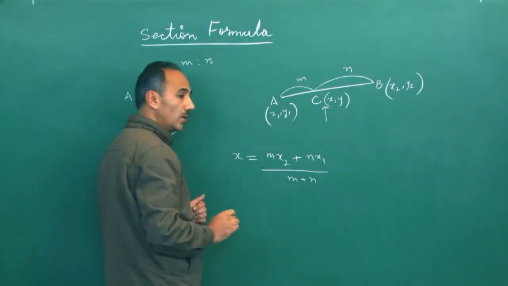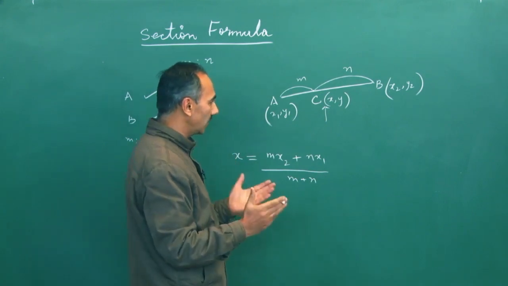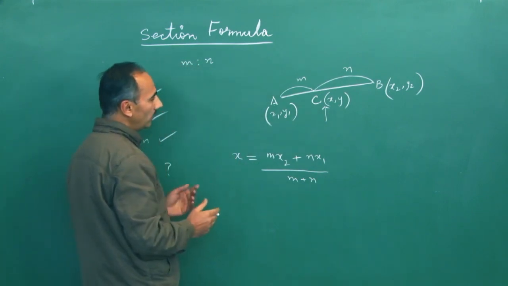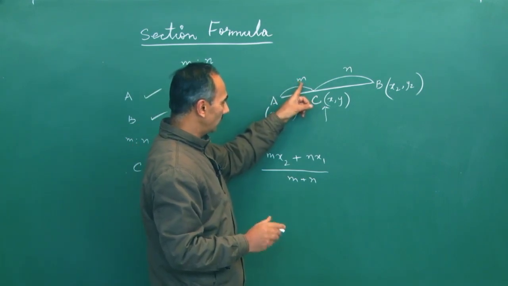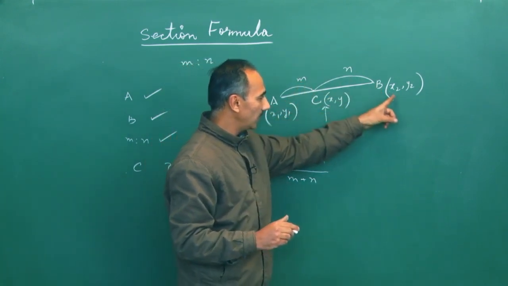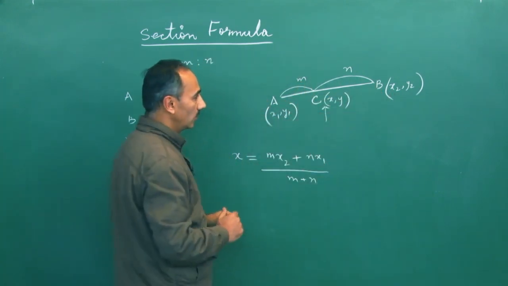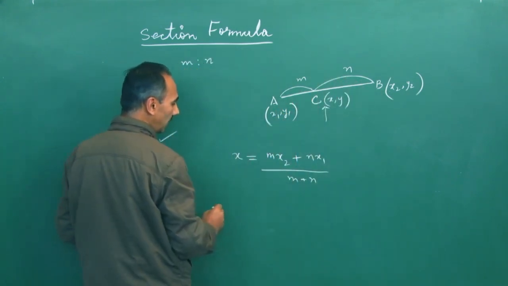This is the x coordinate of C, and C is the point of internal division dividing in a certain ratio. Just remember it. You are taking the product of M, which is the first component of the ratio M is to N, and multiplying it with the x coordinate of point B, M x2 plus N x1 divided by M plus N.